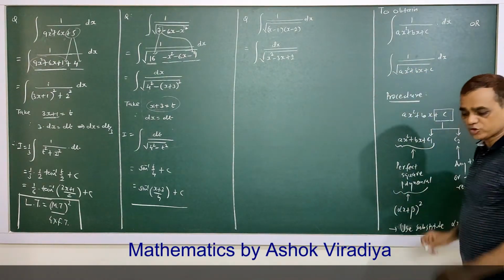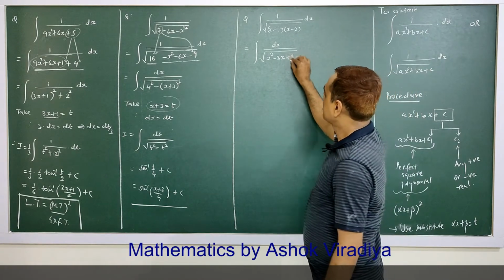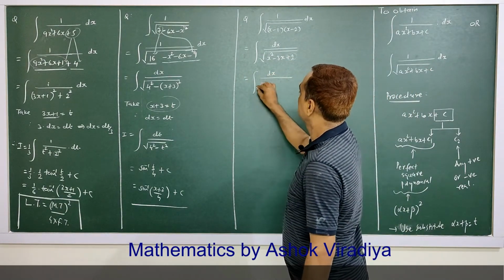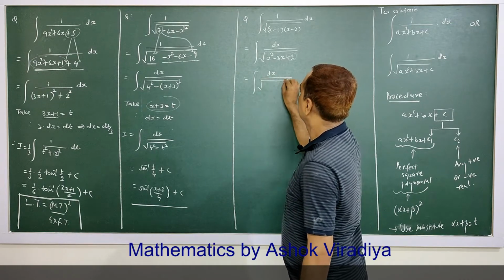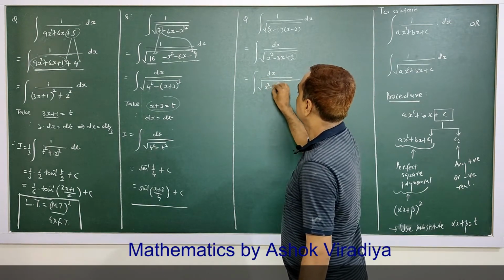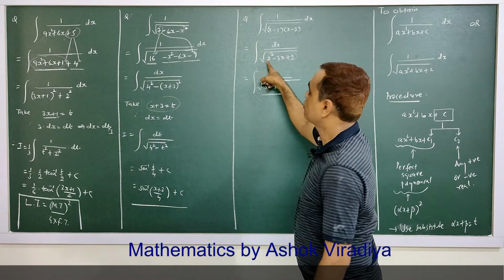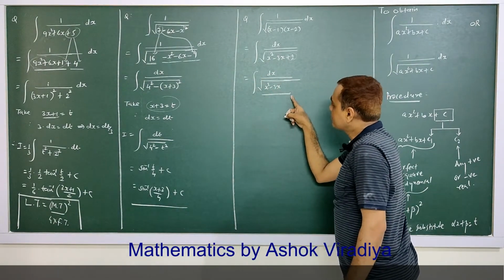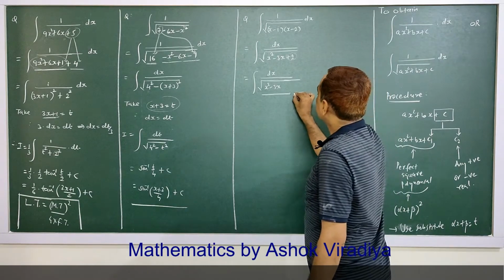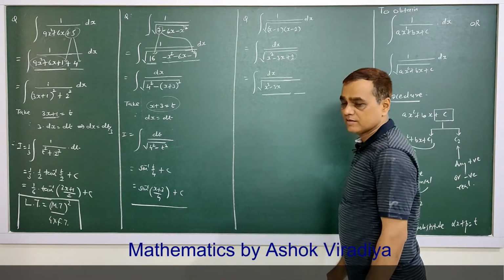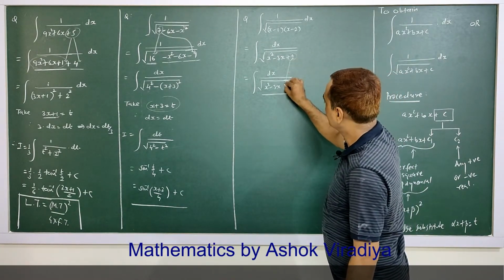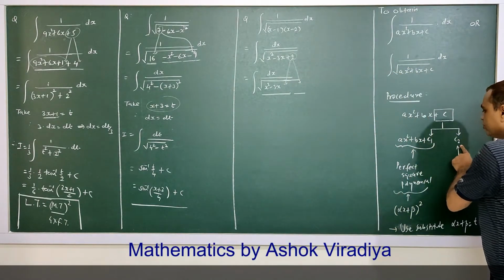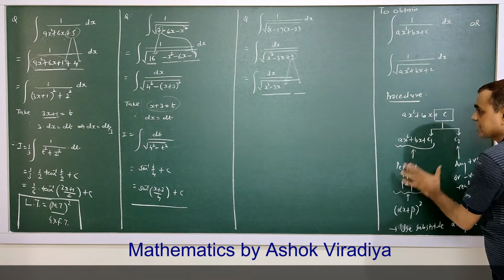Now again a similar procedure. We are going to split up plus 2. So dx upon the square root of x square minus 3x. If the x square term is positive, the perfect square polynomial is set in the first place, the remaining number in the second place. We are going to split up plus 2 in two parts, C1, C2. This will give a perfect square polynomial.